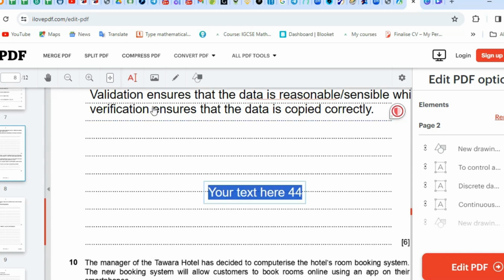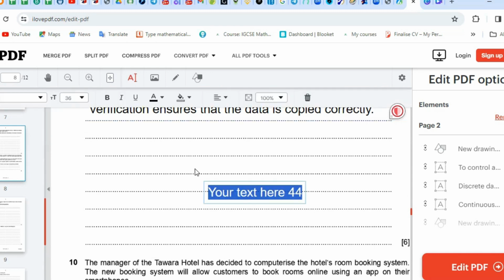Validation ensures that the data entered fits the set criteria.